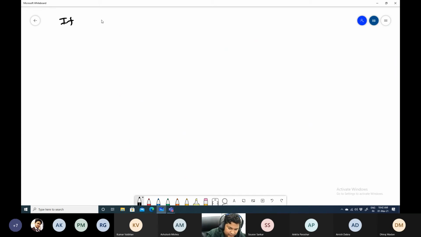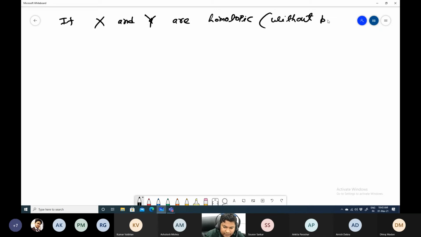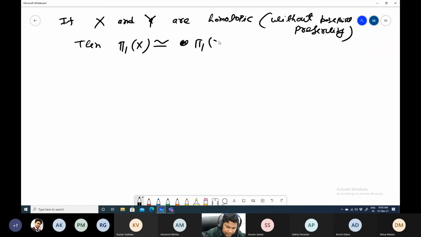If X and Y, two topological spaces, are homotopic, so homotopic means here without base point preserving, then pi 1 X is isomorphic to pi 1 Y. Okay, now still this is true.